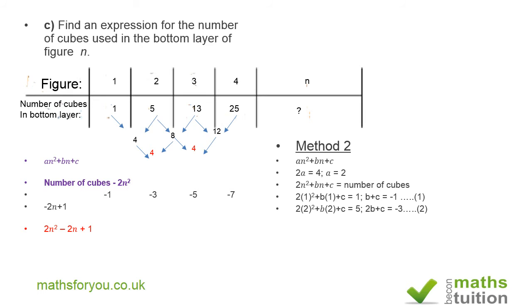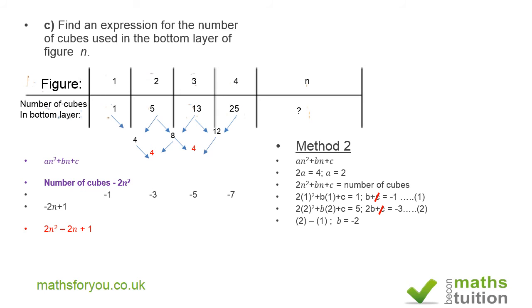Right. If we then subtract equation 1 from equation 2, we then have that b is equal to minus 2 because the c's will cancel out. So b is equal to minus 2. Now, substitute b equal to minus 2 into equation 1.